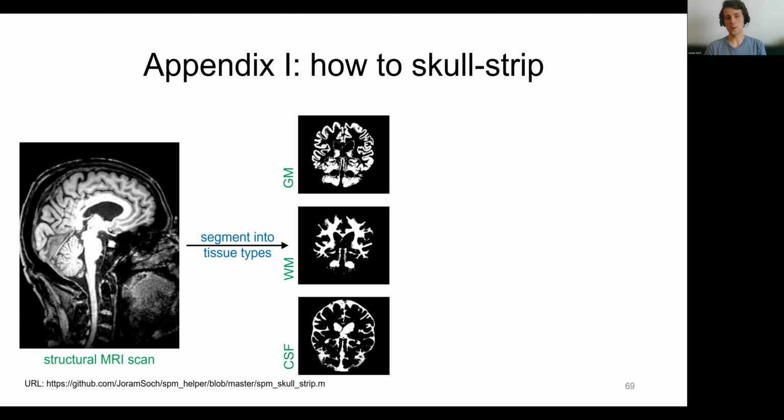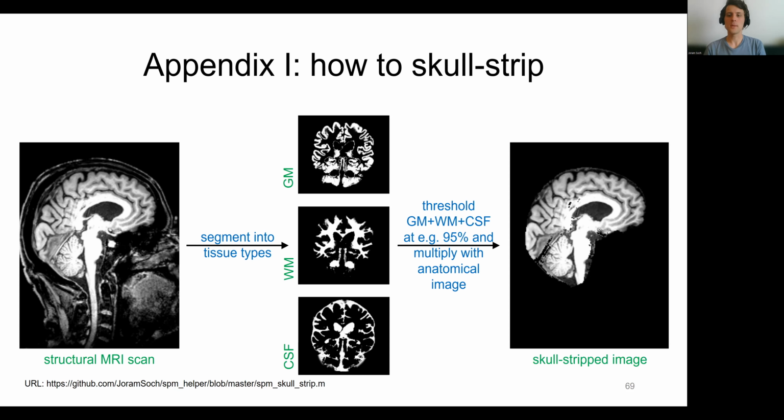And in order to remove everything that is outside the brain, which then includes the skull, obviously, we could add up the tissue probability maps for gray matter, white matter, and CSF, threshold this at a particular value, for example, 95%, and then multiply it element-wise with the anatomical image. And this then would give us the skull stripped anatomical image from which one cannot anymore reconstruct a subject's face.